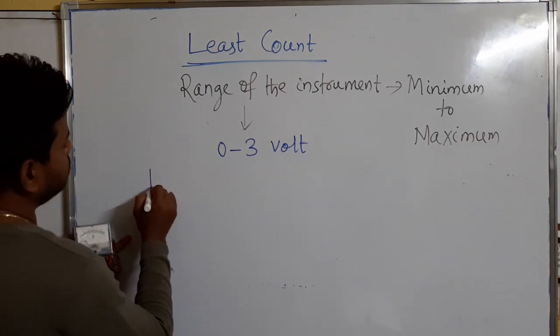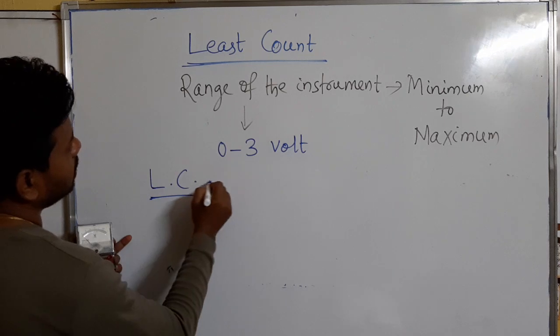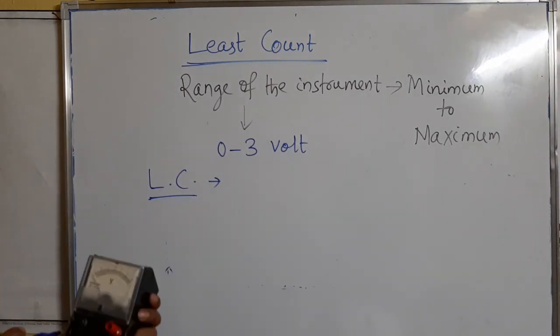Then we will find the least count, I am writing it shortly as LC. Least count, how can you calculate?